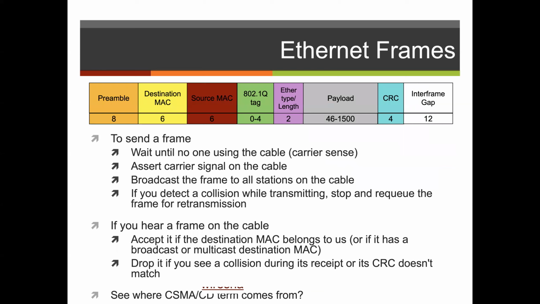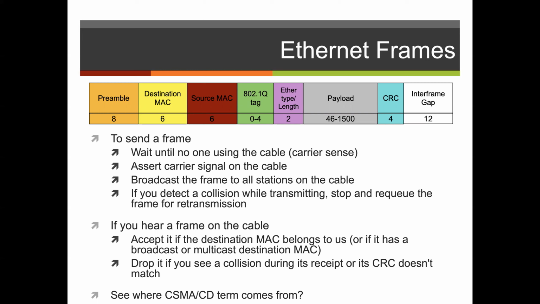So, the format for Ethernet frames. To send the frame, you have to wait until no one is using the cable. You assert the carrier signal on the cable. You broadcast the frame to all stations on the cable. If you detect a collision while transmitting, you stop and requeue the frame for retransmission.